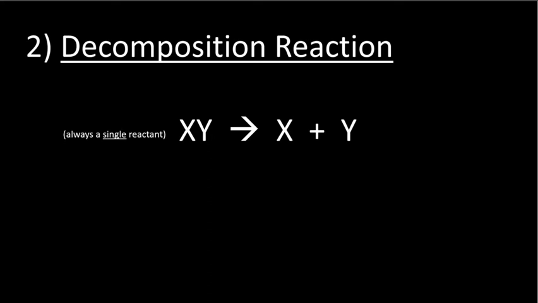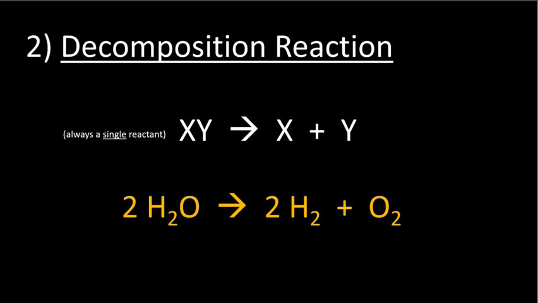Okay, an example of this is where you have something like water and it breaks up into hydrogen and oxygen. You can see you start out with hydrogen and oxygen in water and it breaks apart. That is decomposition. It is falling apart. Okay? Decompose, to take apart. Compose, put together.